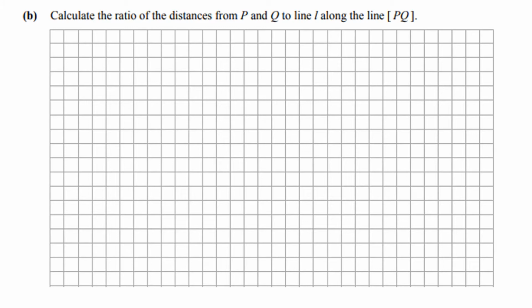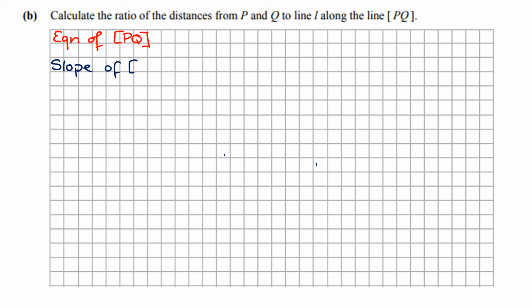So the first thing we need to do is find the equation of PQ because that's what we're using. We're splitting PQ into two pieces: from Q to the line L and from P to the line L. So to get the equation we need the slope.